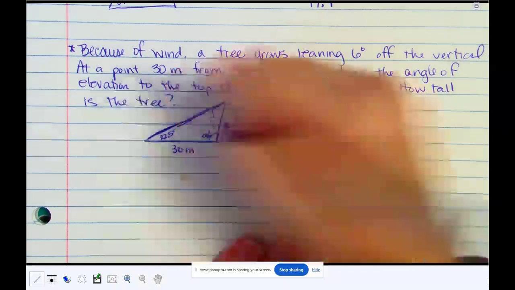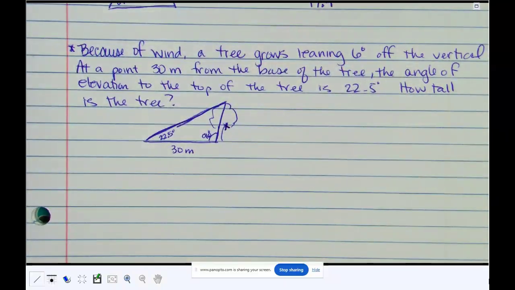Because of the wind, right? Now you have enough information to figure out how tall the tree is. Please do that.